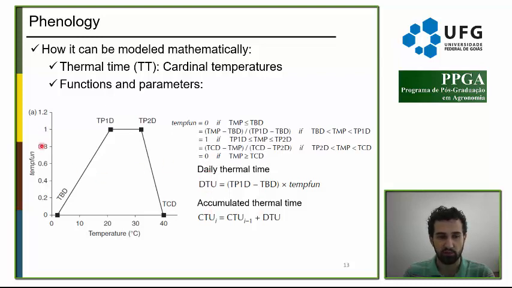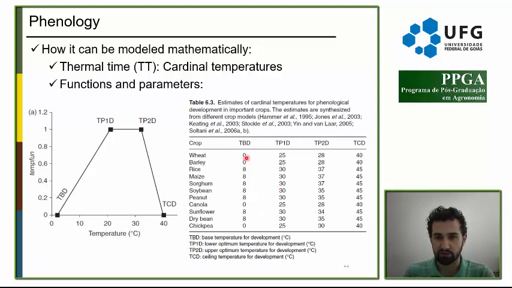First, I get this temperature function following this approach, and after I calculate the thermal time by day, daily thermal time, where the daily thermal units here will be a function of the optimum temperature less the base temperature multiplied by this temperature function.